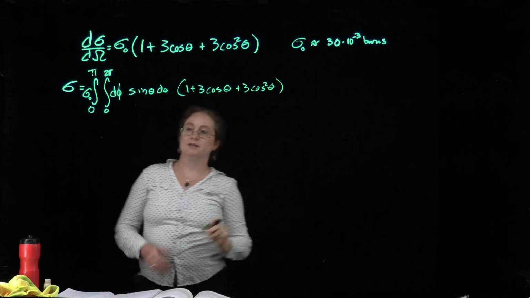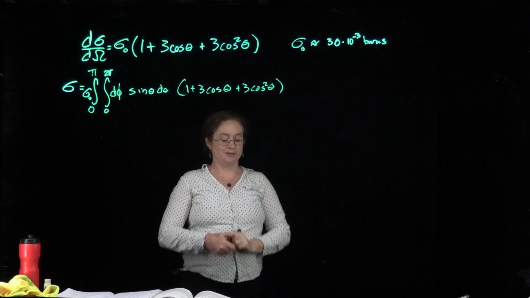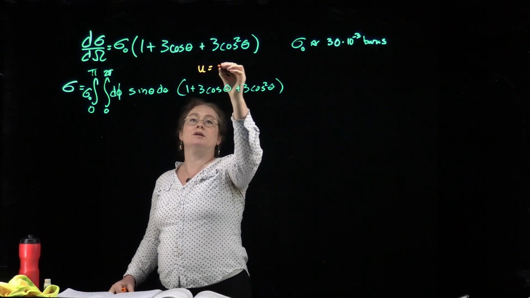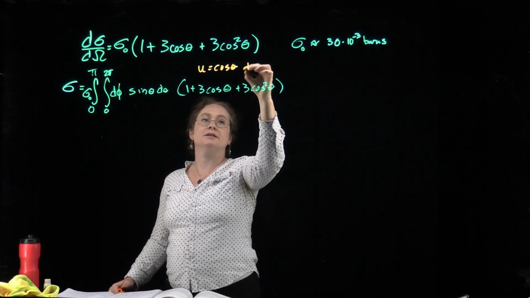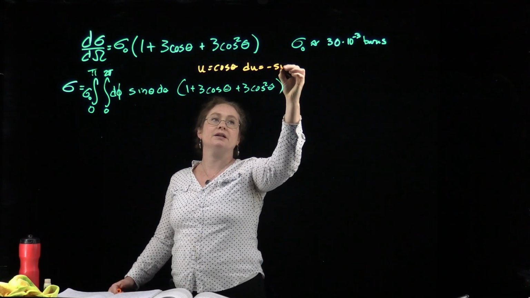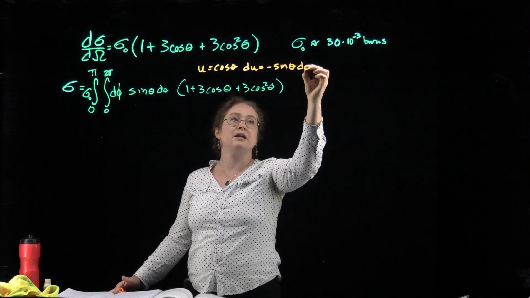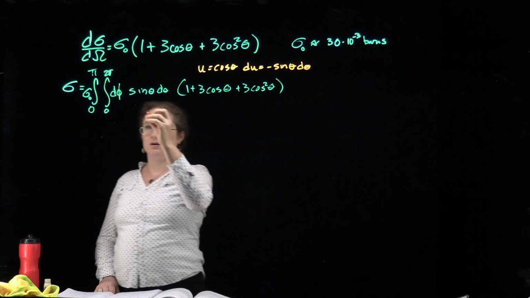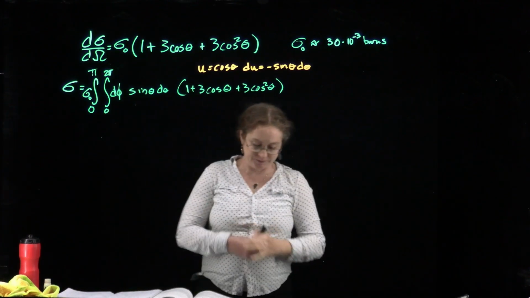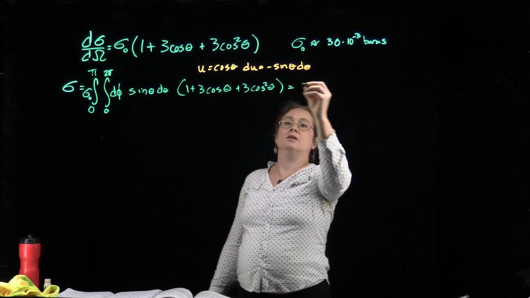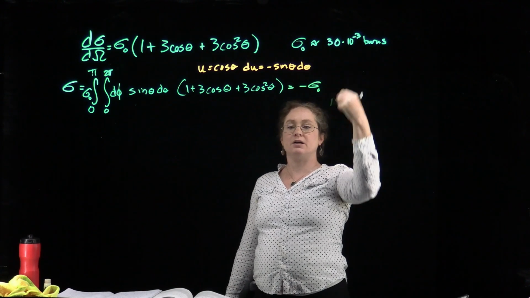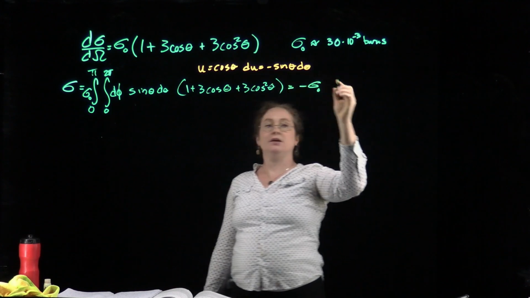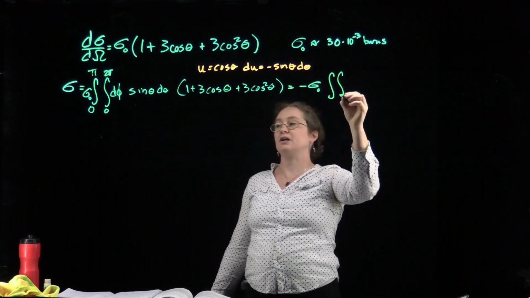And this actually works out nicely. If u equals cosine theta, du equals negative sine theta d theta, and in my u substitution the negative sigma naught comes along for the ride.